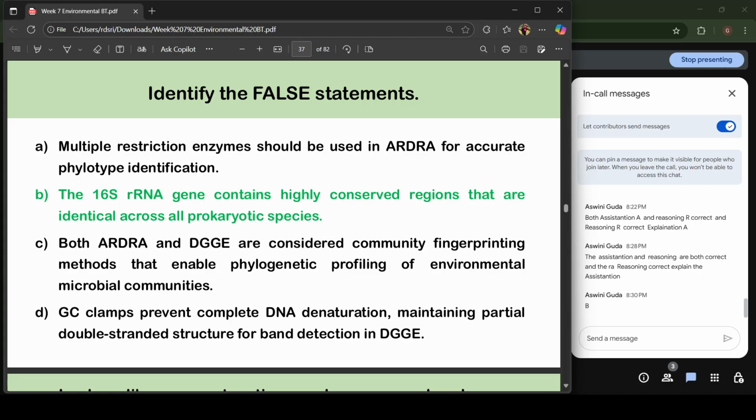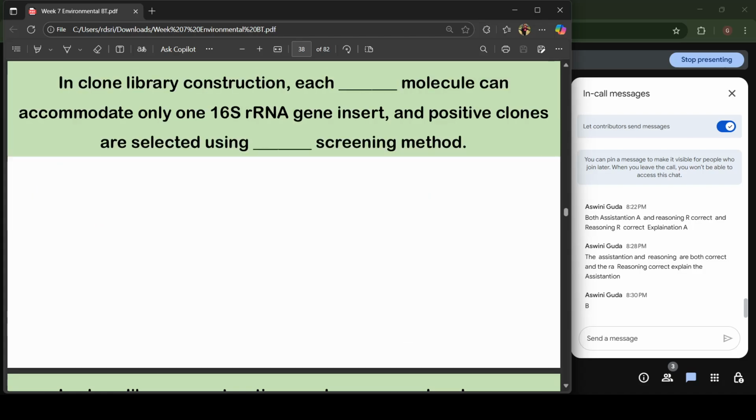They also contain variable regions, so it is not only about the highly conserved regions that are identical across all prokaryotic species. Perfectly true. So next one will be a fill in the blank question.